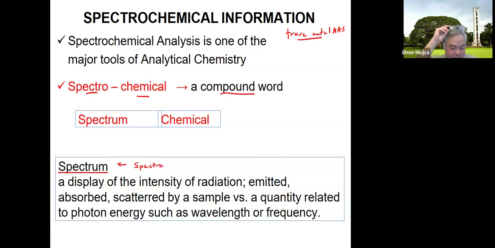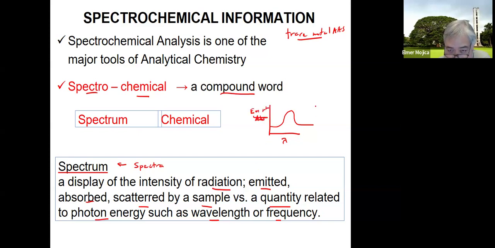Spectra. Okay, so when we're talking about a spectrum, it's a display of the intensity of radiation emitted, absorbed, or scattered by a sample versus a quantity related to photon energy such as wavelength or frequency. So if you have, let's say like this, the wavelength here, and here the absorbance, or you can have either the emission intensity.